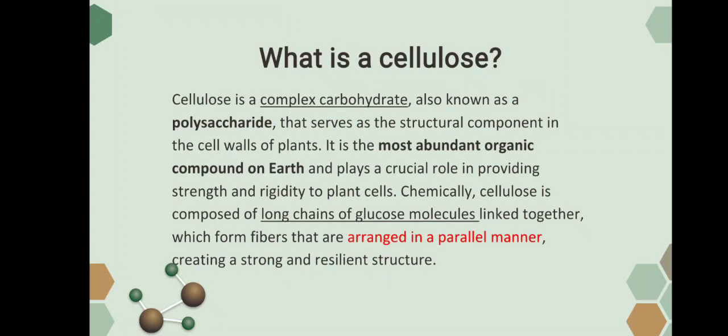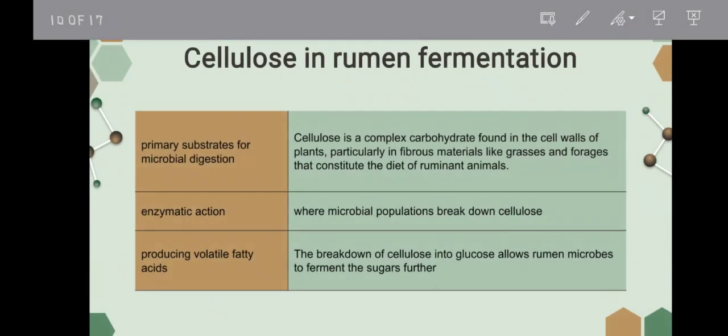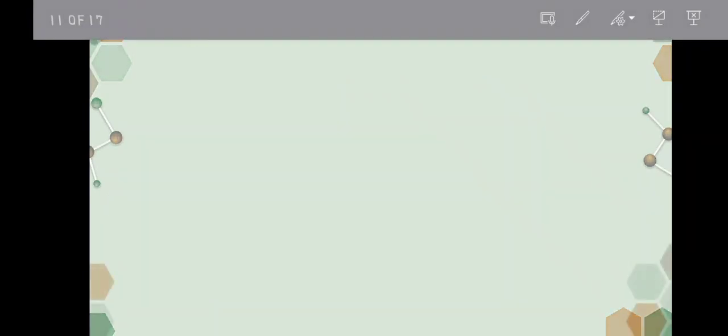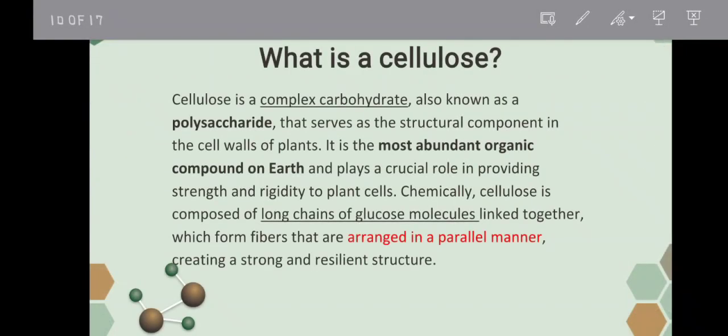There are a lot of monosaccharides in the polysaccharides, that serve as the structural component in the cell wall of a plant. It is the most abundant organic compound on Earth and plays a crucial role in providing strength and rigidity to the plant cell. Chemically, cellulose is composed of a long chain of glucose molecules.